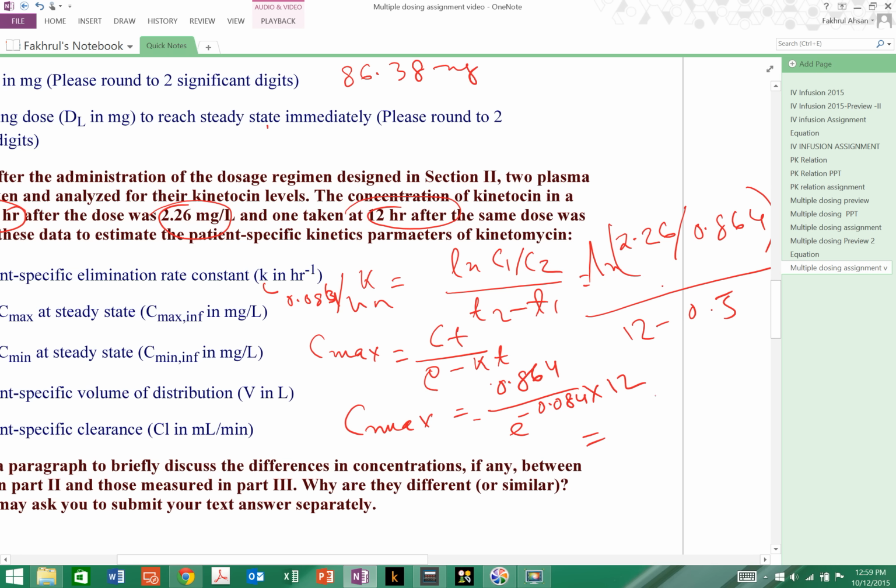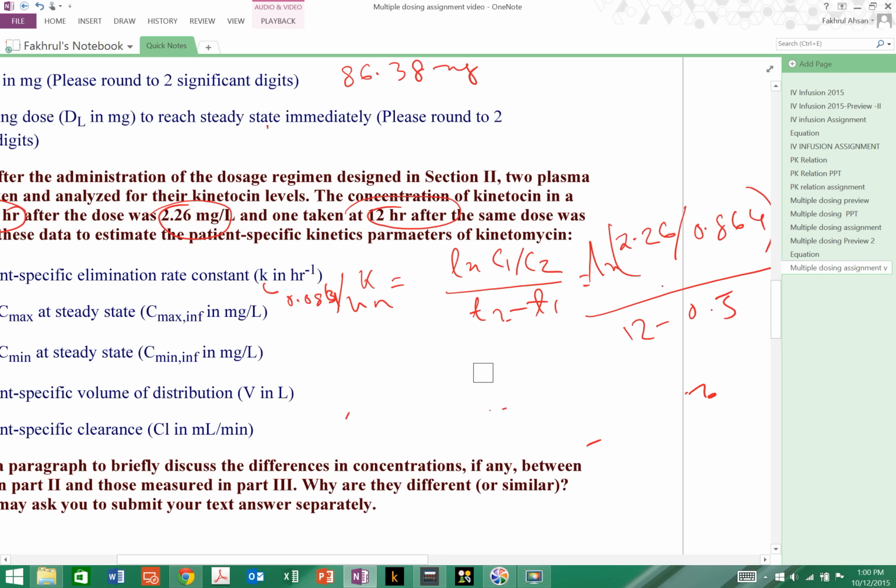If it doesn't give you the same result, just let me know. So 2.356 is to be your Cmax of that patient.